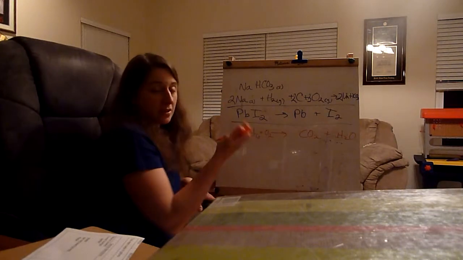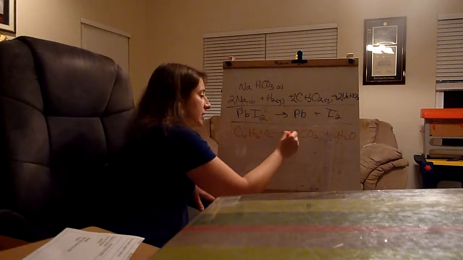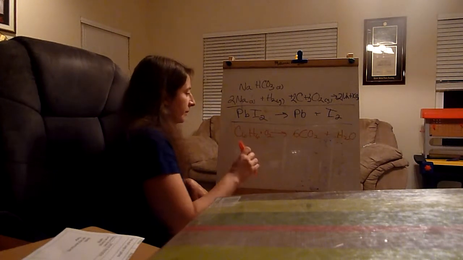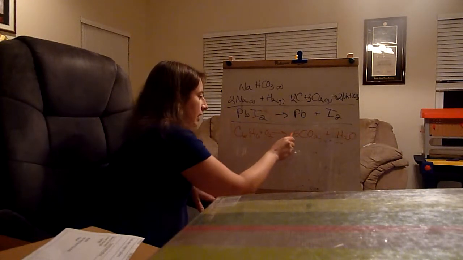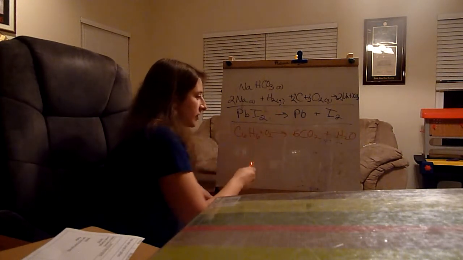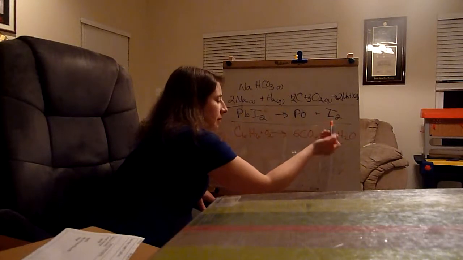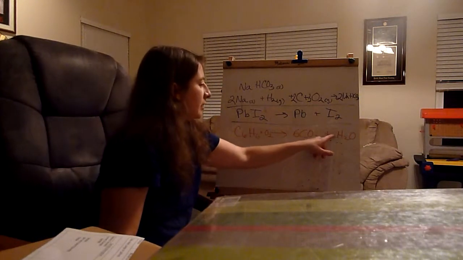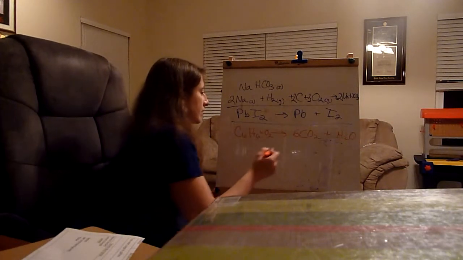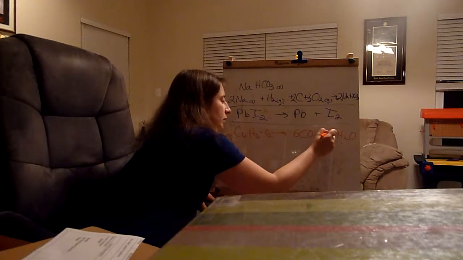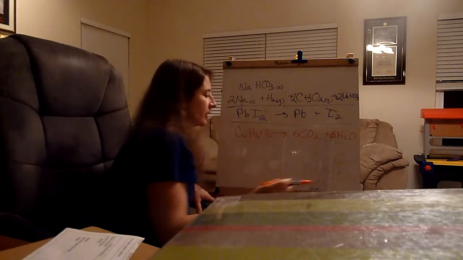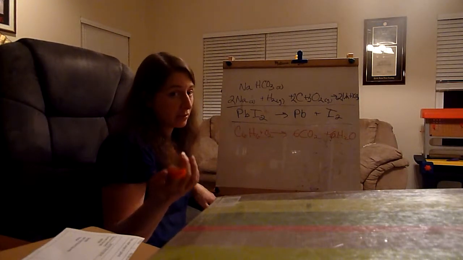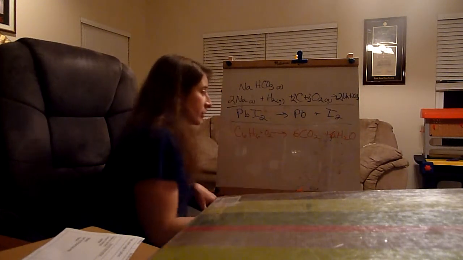So first I'll start with carbon, 6 carbons here, maybe I want 6 there. Then I have 6 hydrogens on this side. I don't want to end up with an odd number of oxygens, so I definitely want to perhaps multiply this by 6 instead of by 3, just so I don't end up with an odd oxygen.